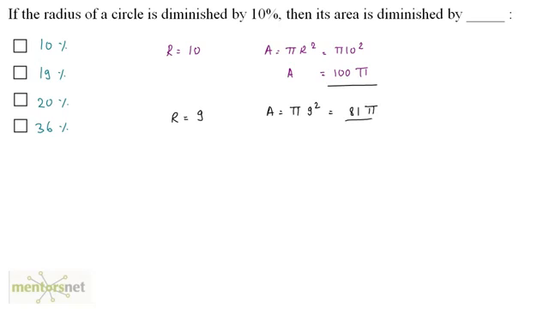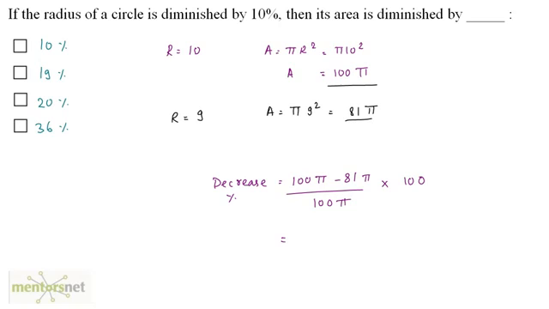So we have 100 pi and 81 pi as the areas. Now the area has decreased. How much is the decrease? So the decrease is 100 pi minus 81 pi, and this has decreased on 100 pi. The initial area was 100 pi and the final area was 81 pi, and times 100 to make it a percentage.